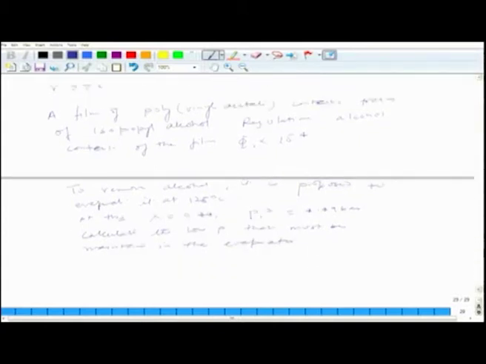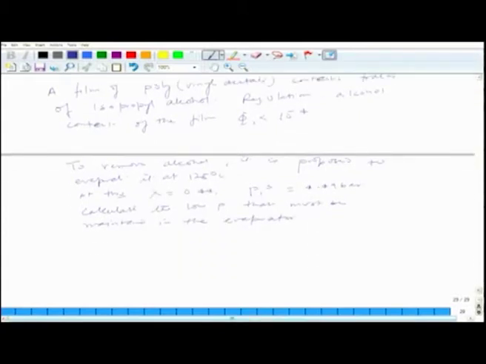Under this condition, it is given that the activity is the ratio of the partial pressure to the vapor pressure, and the polymer is involatile.